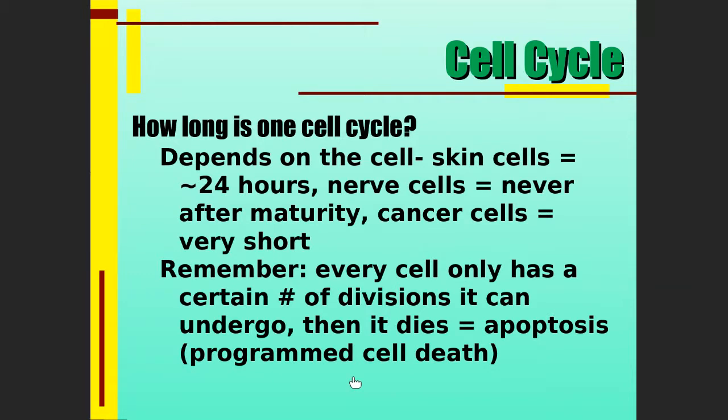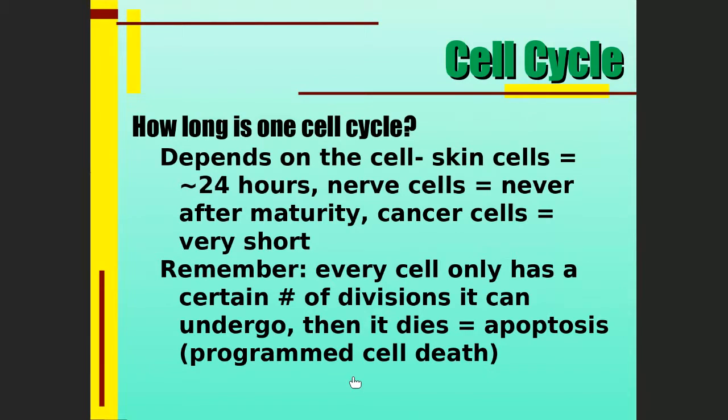So it means that a cell divides a limited number of times. It does not divide an unlimited number of times, dividing and dividing until it dies. The cell has a limited number of times that it divides. After that it will die, and this process is called apoptosis, meaning programmed cell death.